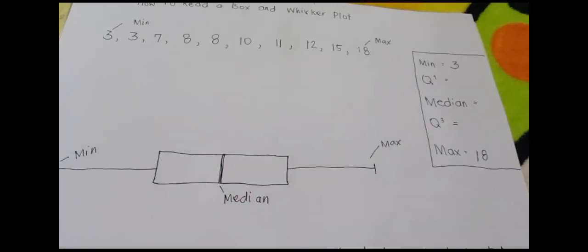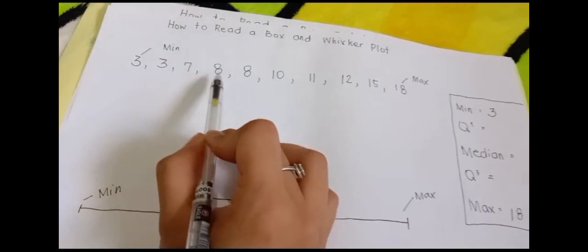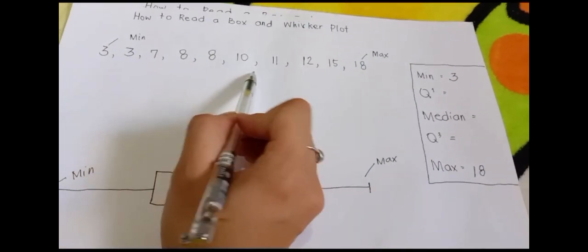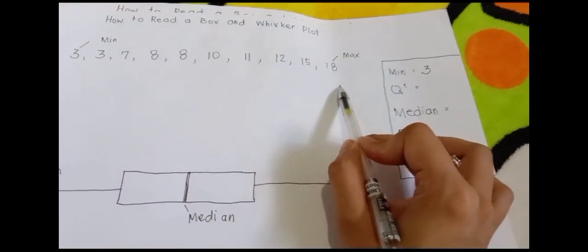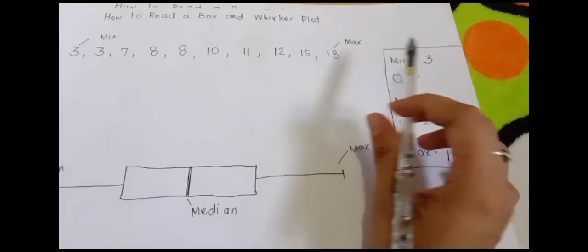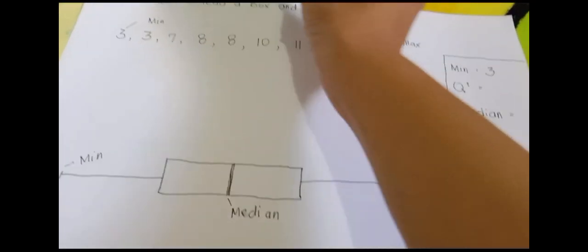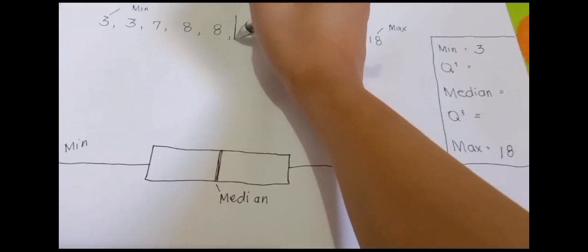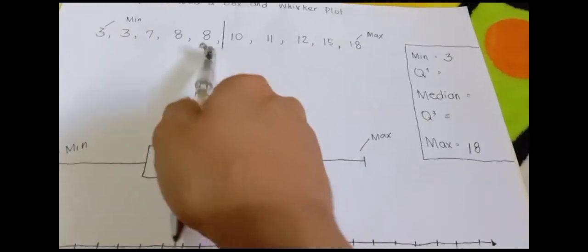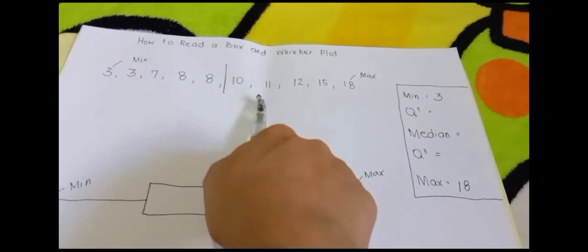Now, since we have 10 numbers, 3, 3, 7, 8, 8, 10, 11, 12, 15, and 18, within the dataset, the halfway point is going to be in between 8 and 10. Ang halfway point or ang hati sa gitna ay between 8 and 10.